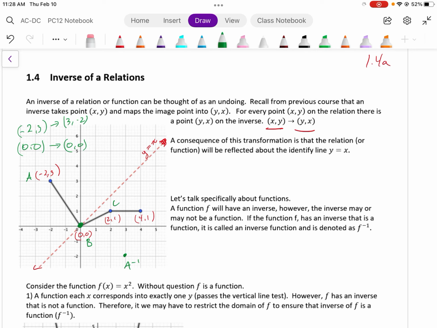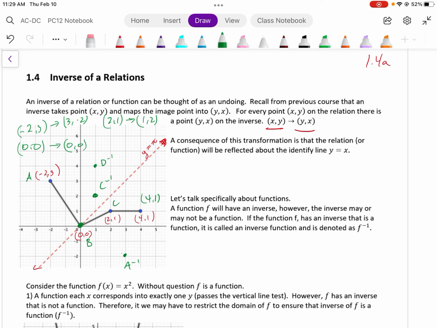C is (2, 1). This will map into (1, 2). So this is C inverse. And D is (4, 1), and it maps into (1, 4).